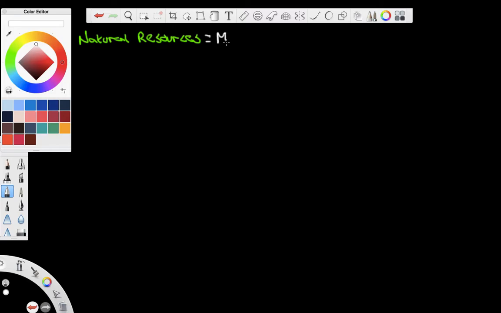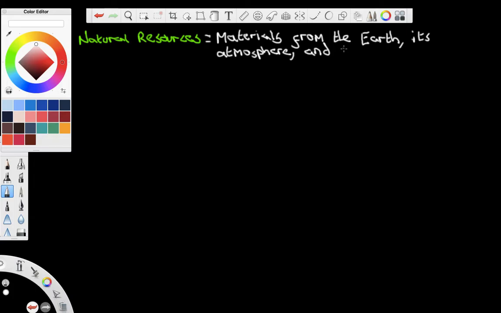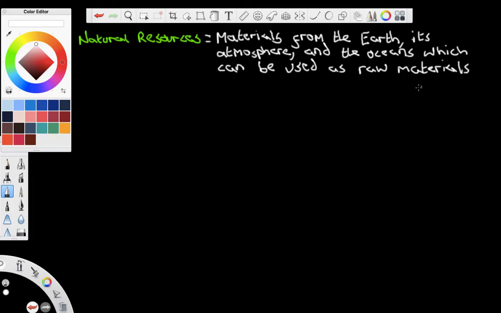So we can define this as materials from the earth, its atmosphere and the oceans which can be used as raw materials for products.